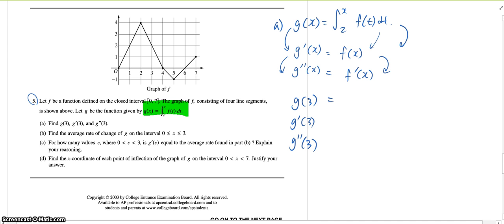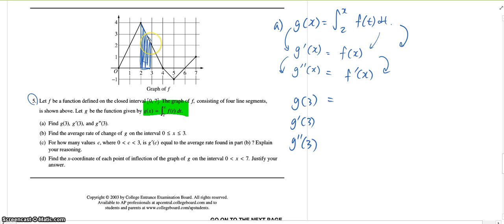We can easily get g(3), g prime(3), and g double prime(3). For g(3), you just plug in 3 for x, so it's the integral of f(t) dt from 2 to 3. That is this whole area right here. We can use the trapezoid rule: 4 plus 2, which is 6, times 1 divided by 2.